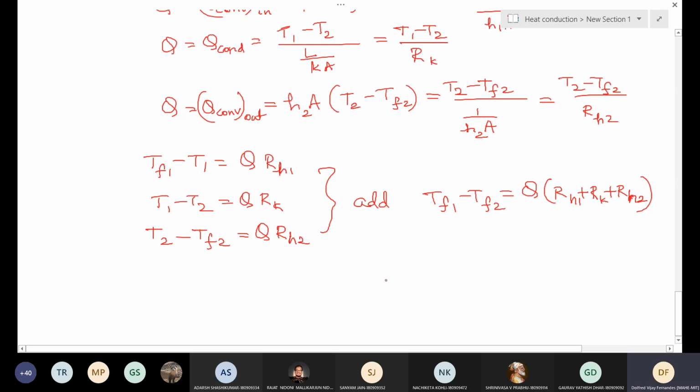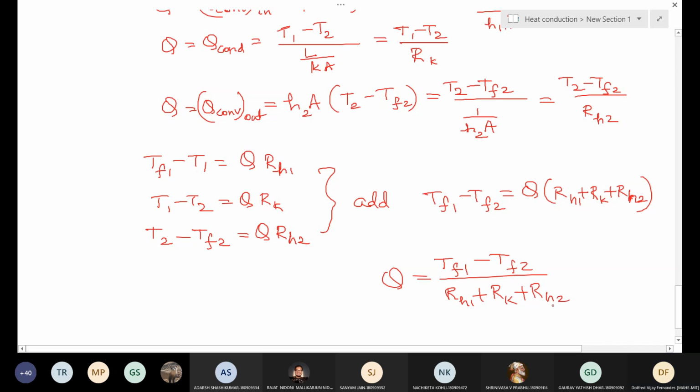So Q is nothing but the overall temperature difference, that is the inside fluid temperature minus the outside fluid temperature, divided by the resistances RH1 plus RK plus RH2.